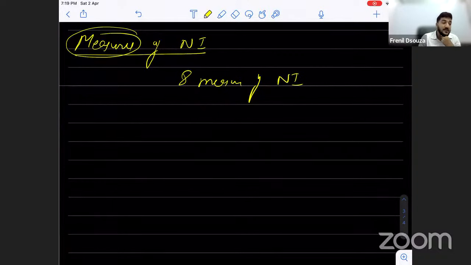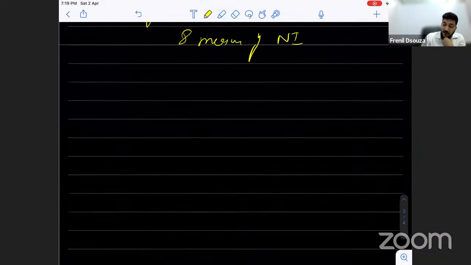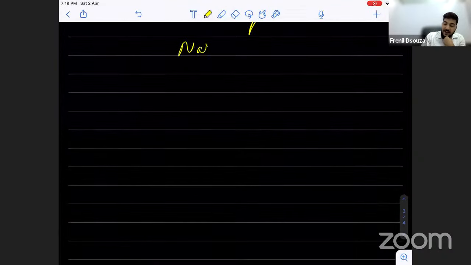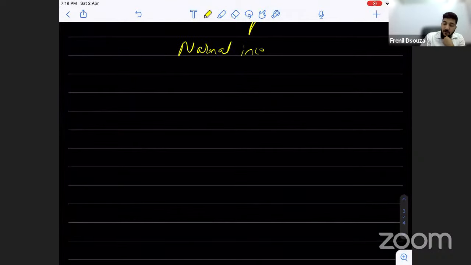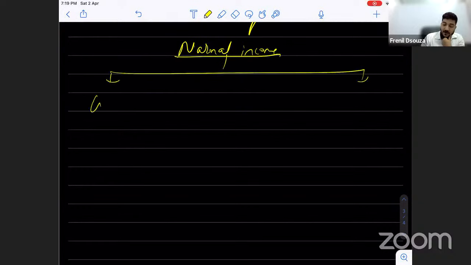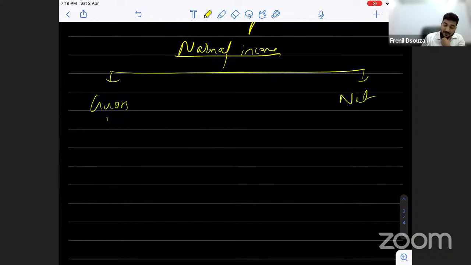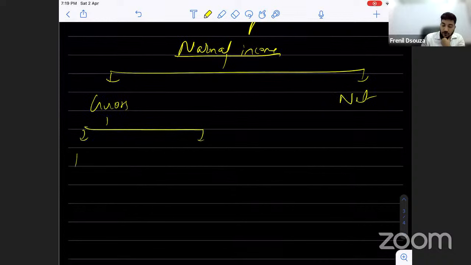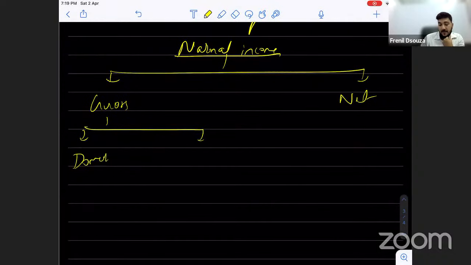And what are the 8 measures? How did we divide that? We said that there is national income on top, and once there is national income, it is divided into two different segments called gross and net. And once you divide that, it is further divided into domestic and national.